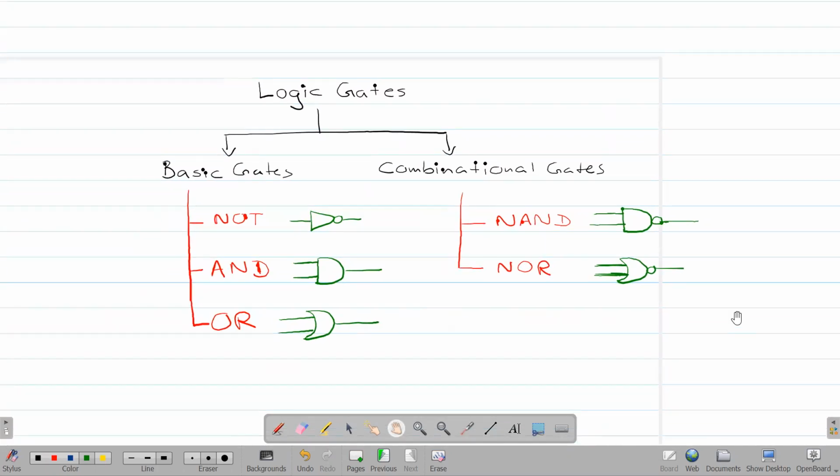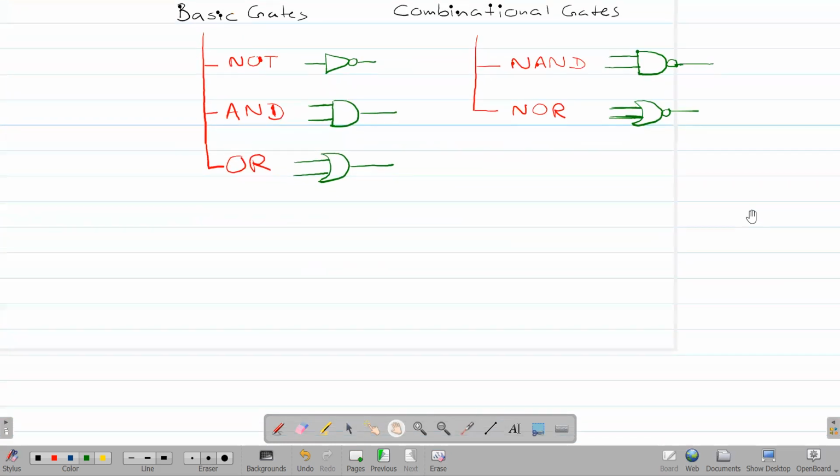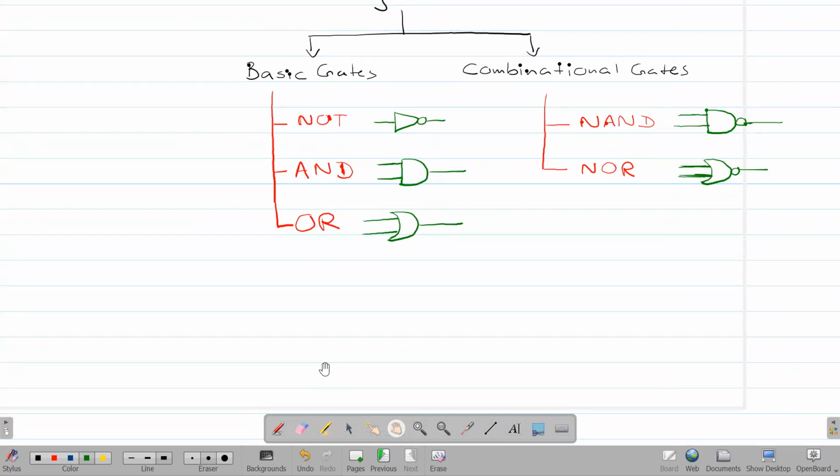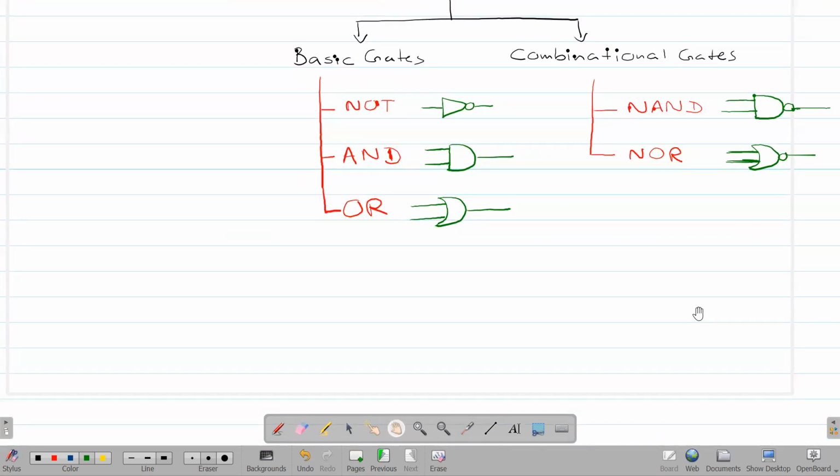Okay. Right. So now we need to identify what are the functions of these components, or the logic gates, right? So first we are going to get to know about the basic gates, which is the NOT and AND, right?